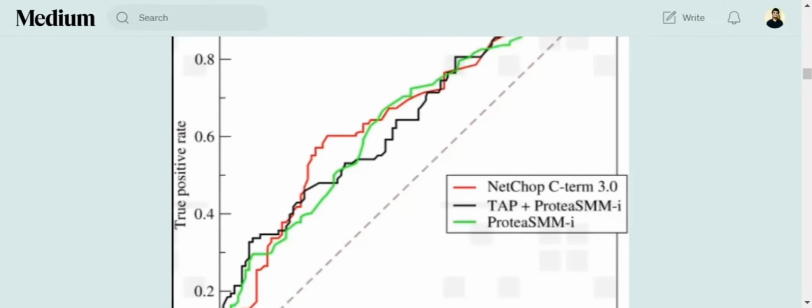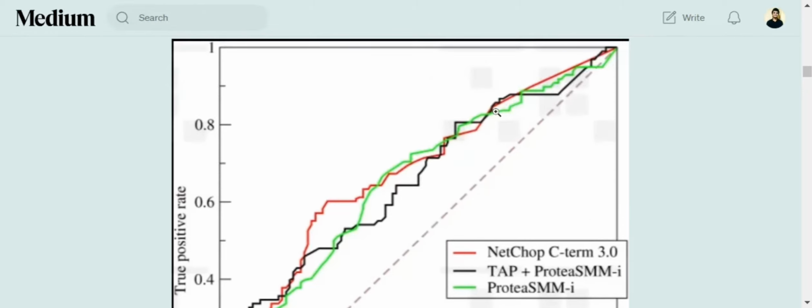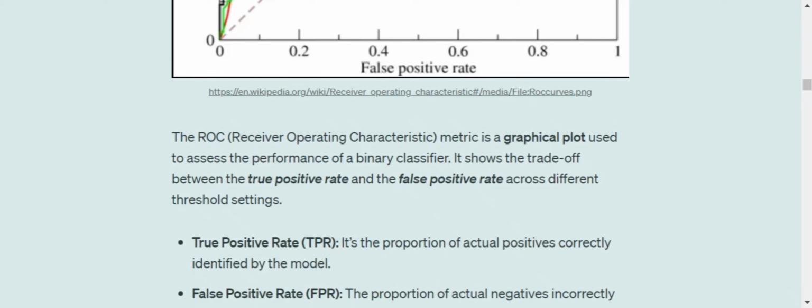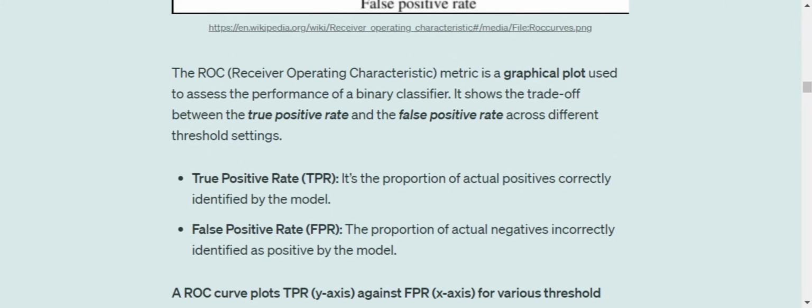But here you can see that at whichever point the difference TPR minus FPR is the highest, that is the most optimal point that should be considered for the threshold, where TPR is the proportion of actual positives correctly identified by the model, and the false positive rate FPR is the actual negatives incorrectly identified as positives.